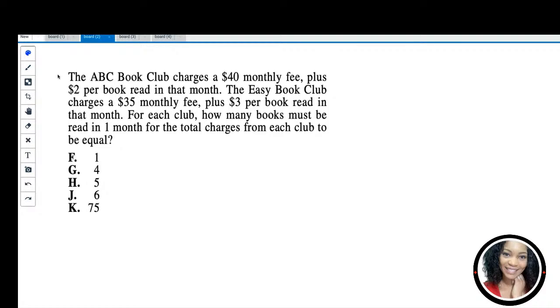Now, once again, you have a problem that is classic, shows up on the ACT all the time, where you are comparing plans for something. Something has a monthly rate plus a setup fee, and you compare it to another program's pricing for their monthly rate plus their setup fee, and they want to know when the prices are the same. Or, they ask a very similar question. This question is classic. It shows up a lot. And once again, you can solve it in 2 ways.